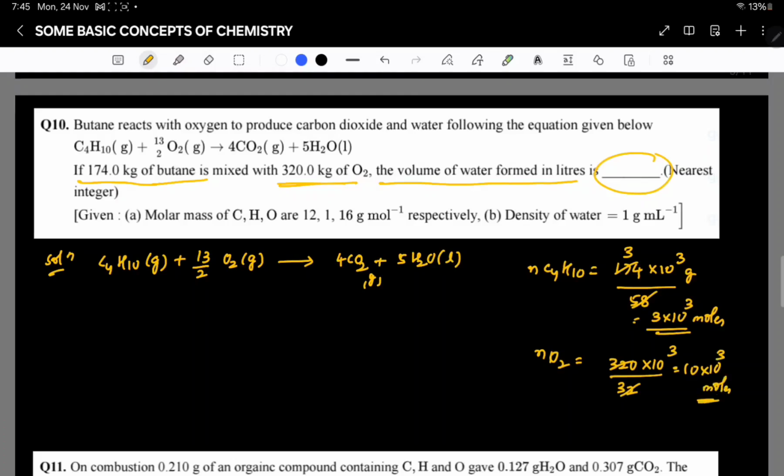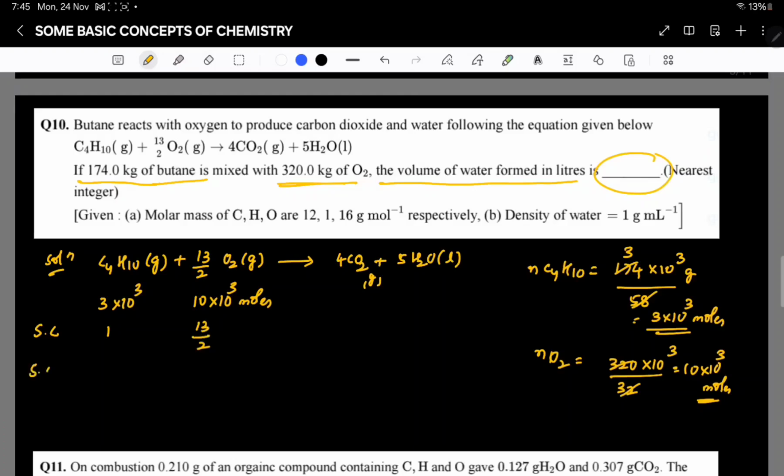10 into 10 power 3 moles, right? So the number of moles I got, student, is 3 into 10 power 3 moles. This will be 10 into 10 power 3 moles, right? Now the stoichiometric coefficient, student, here it will be 1, and it will be 13 by 2, right?